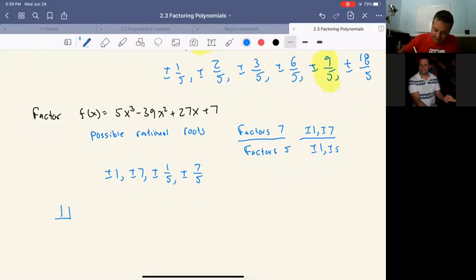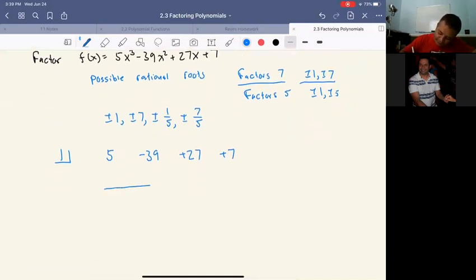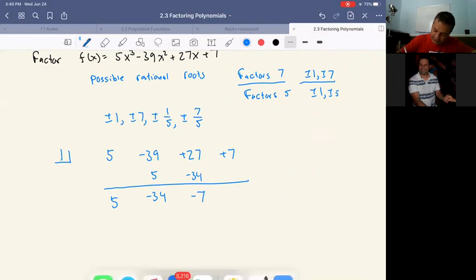So, synthetic division with 1: 5, negative 39, 27, 7. 5 comes down. 5 times 1 is 5. Negative 34 comes down. Negative 7. Then 1 times negative 7, and we get 0.